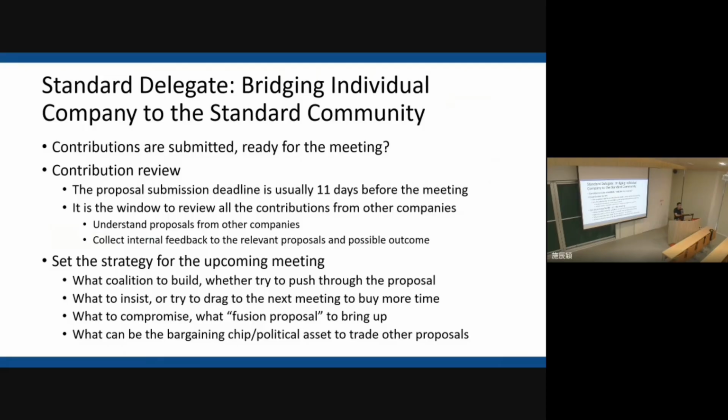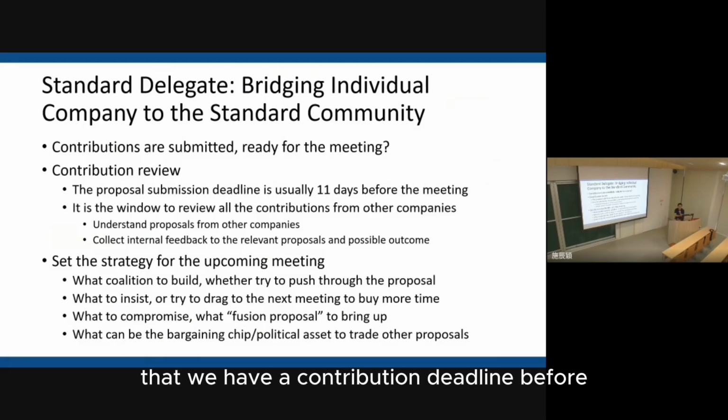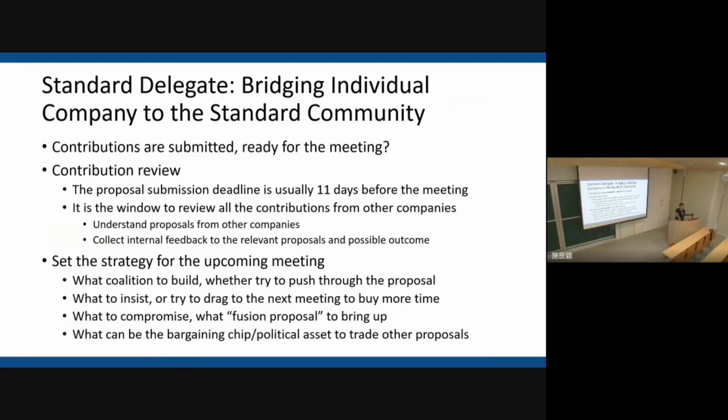Okay. Then that's before the meeting, and how 3GPP works is basically that we have a contribution deadline before the meeting. So if the meeting coming up is next Monday, we'll have, usually the 3GPP meetings run from Monday to Friday, 5 days.